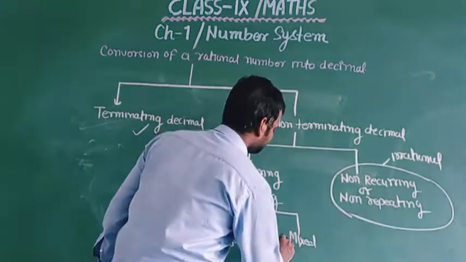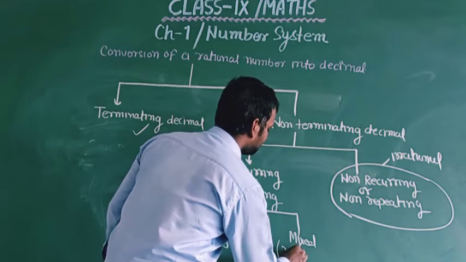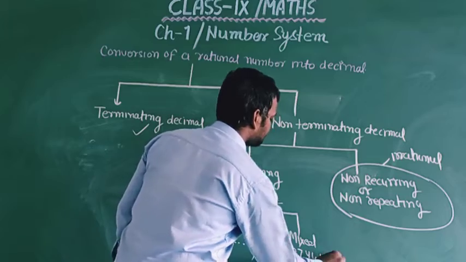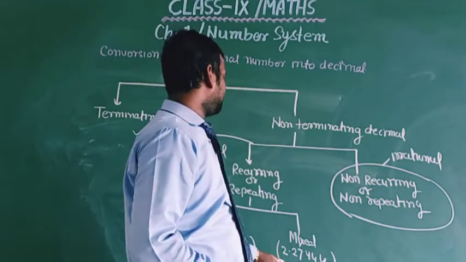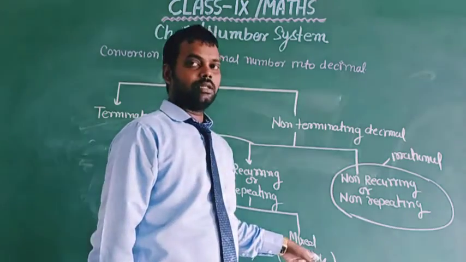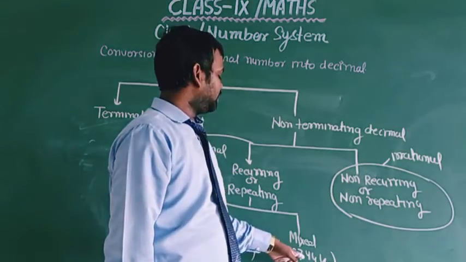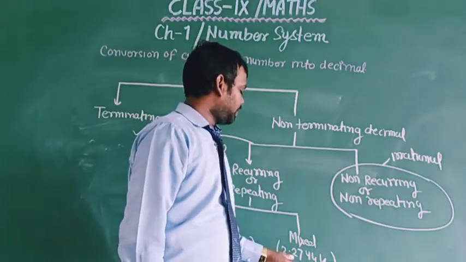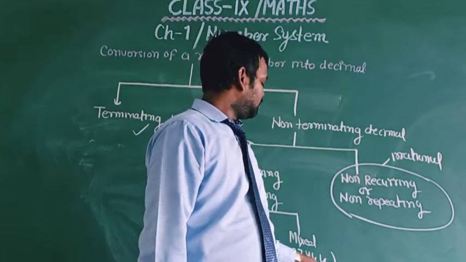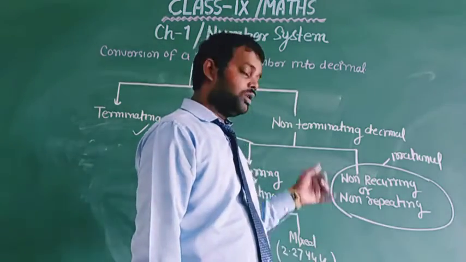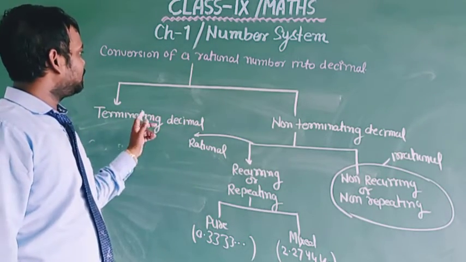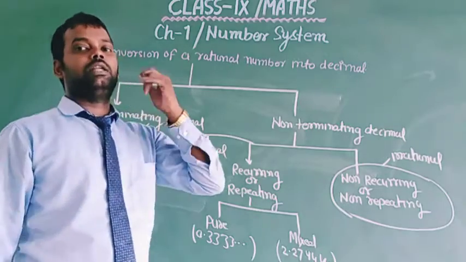And mixed, like 2.27444. Such an expansion is called non-terminating recurring mixed. Here after the decimal, 27 is mixed with the repeating digit 4. So I hope we understand what terminating and non-terminating are.